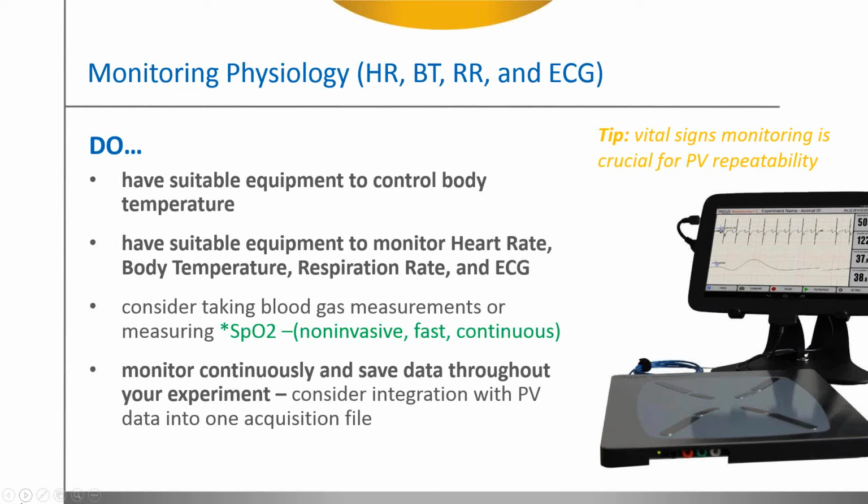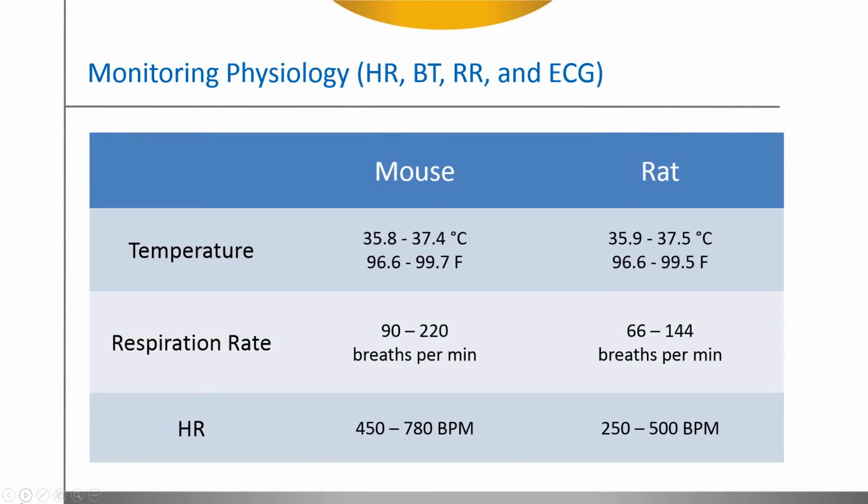Maybe it's too much, maybe it's not, but this is another advantage in PV research, to have the vital signs monitoring while you still continuously save data throughout the experiment, or maybe integrate the PV signals into one acquisition file to have everything included in one file to refer later on to what happened here, what happened there. So one acquisition file works for me.